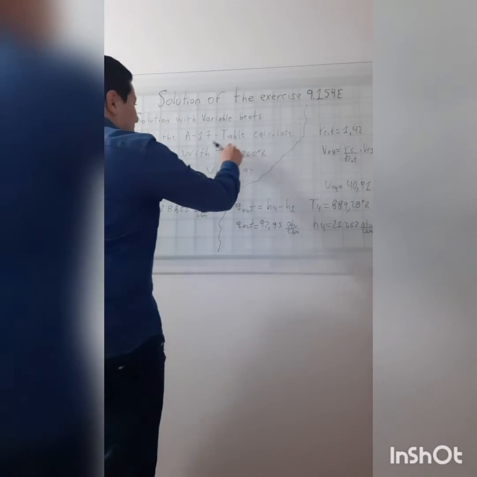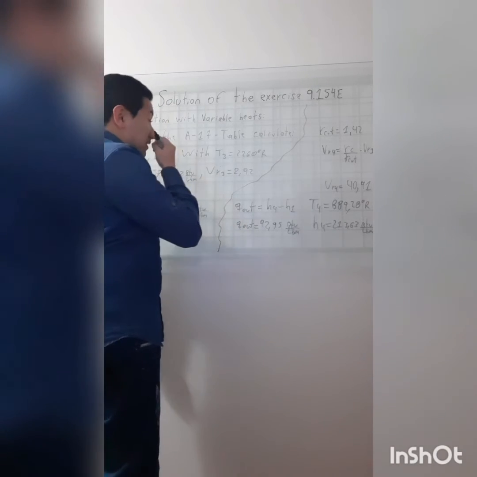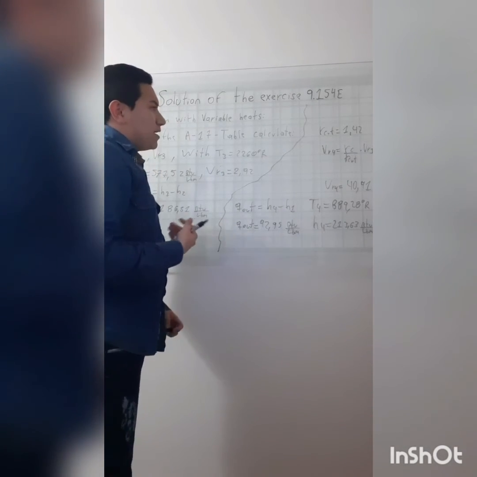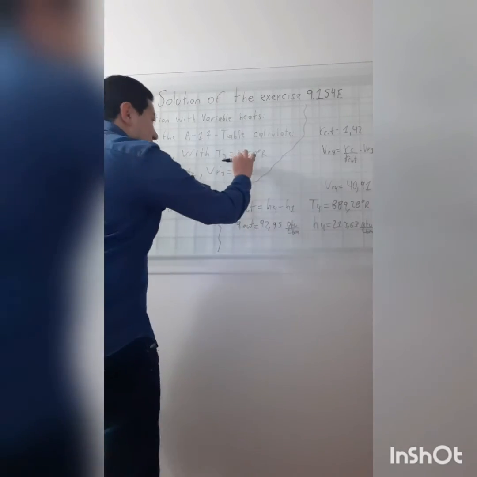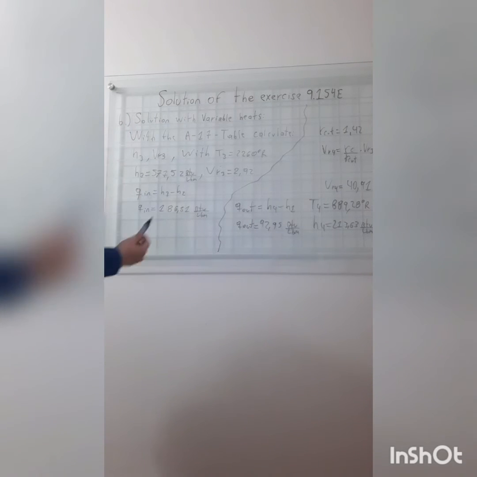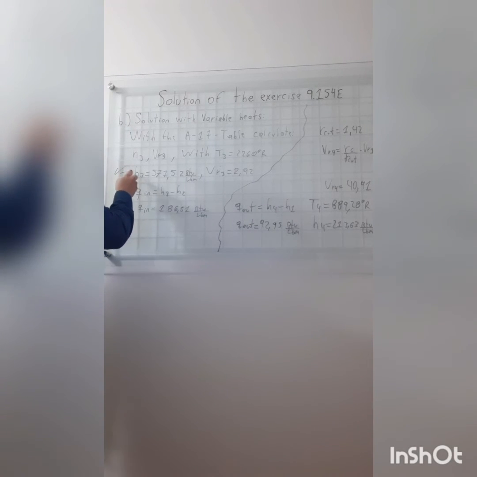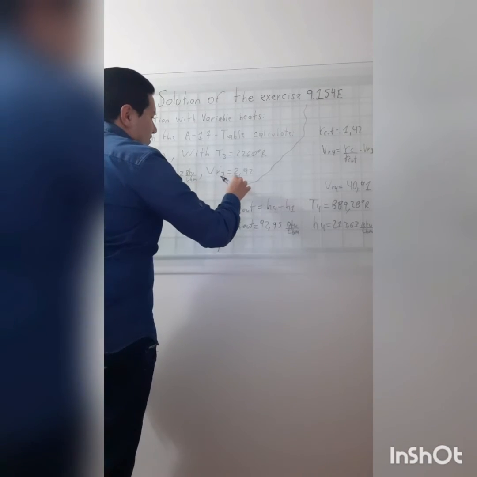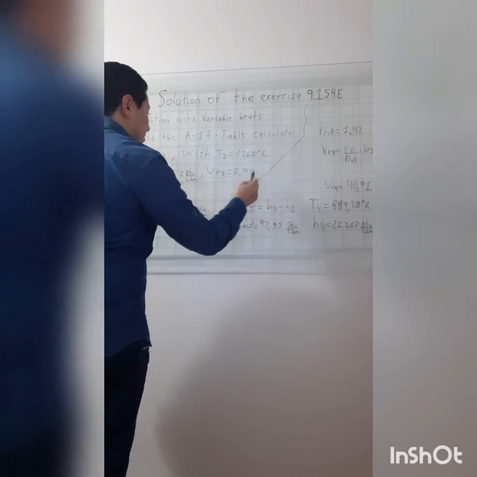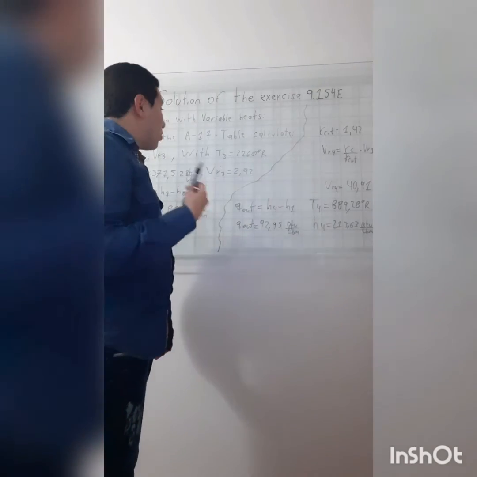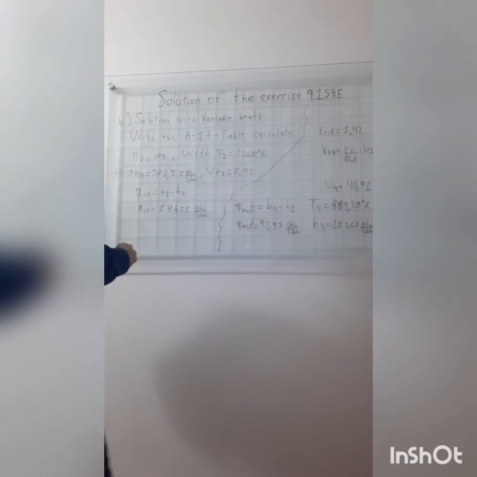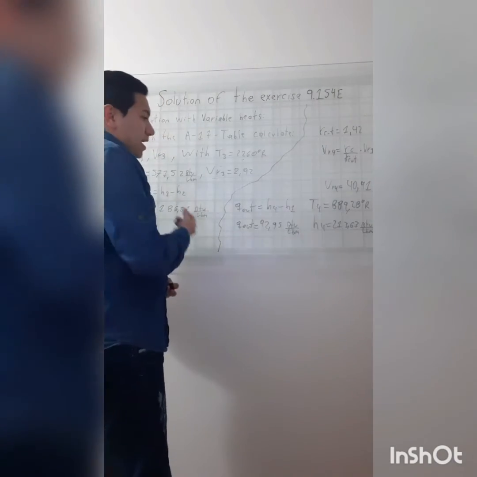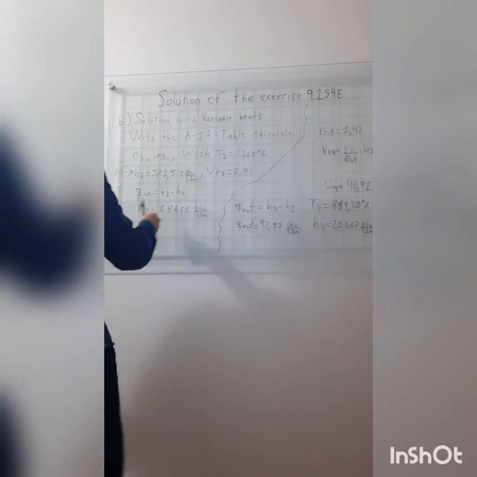And this temperature 3, the text gives us this value, and with this value we calculate both values, enthalpy 3 and reduced volume 3, yes, with the table and interpolation, in the same way as in the last part of the video.